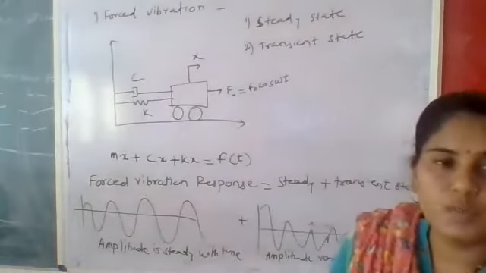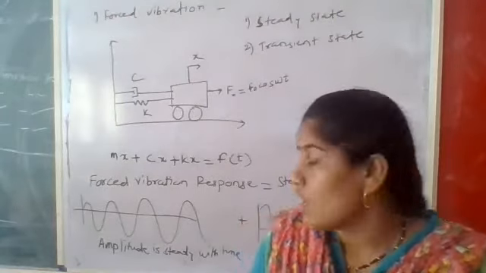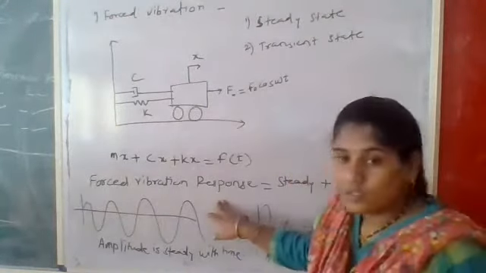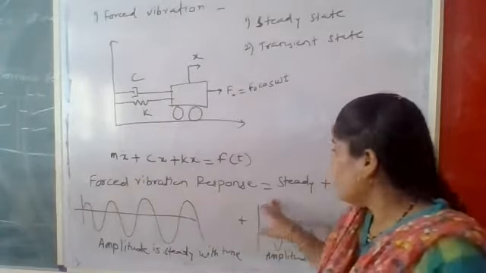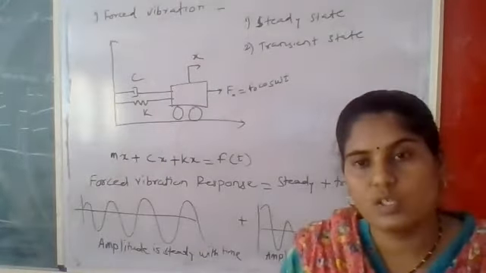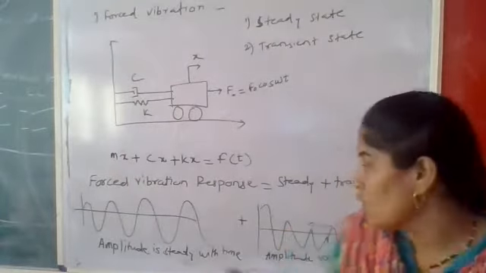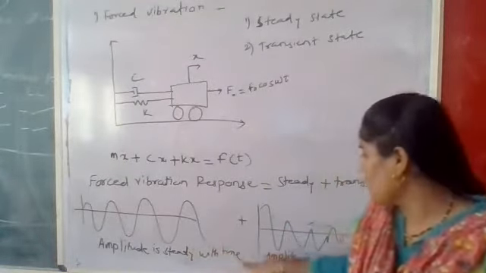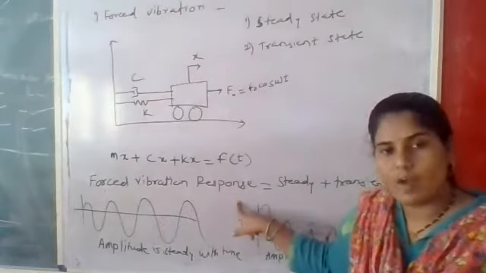But what is the difference between free vibration and forced vibration? You can see here there is a forced vibration response. In the last unit number two, we saw the free vibration response, which is related only to the steady state. There is only the steady state type of response in free vibration.